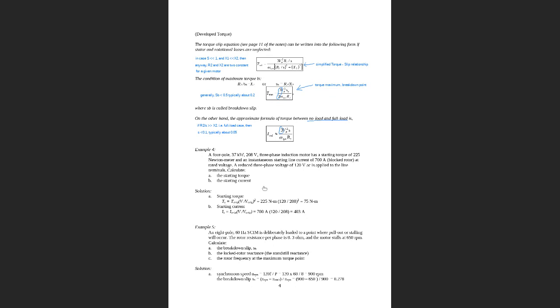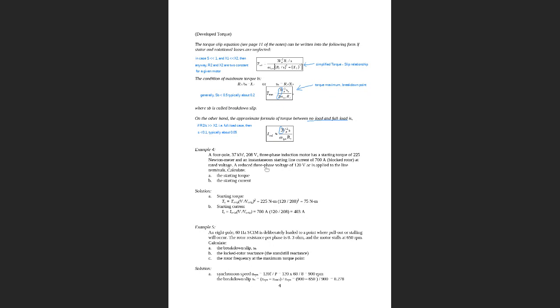Example 4: a 4-pole 37 kilowatt 208 volt 3-phase induction motor has a starting torque of 225 Newton meters and instantaneous starting line currents of 700 amperes at rated voltage and rated frequency.